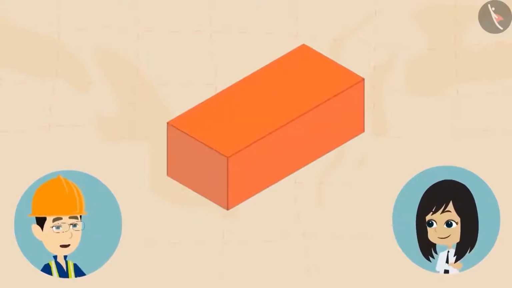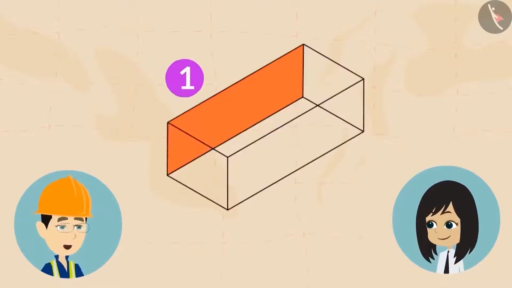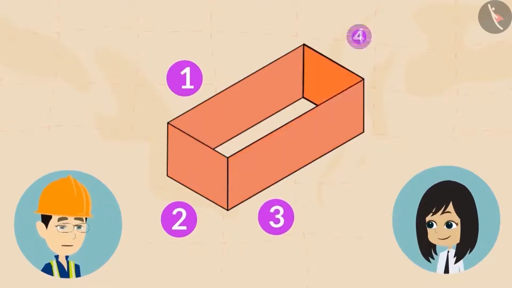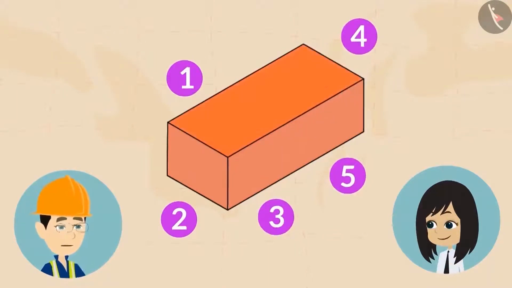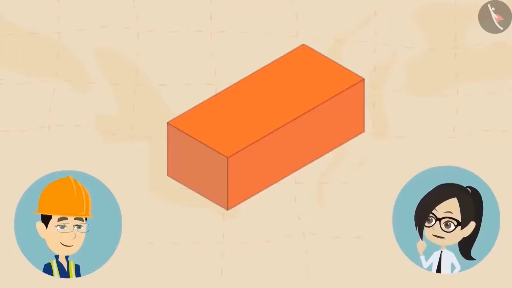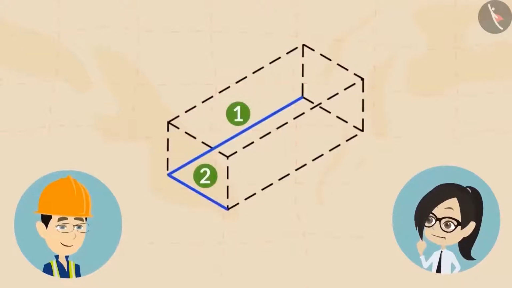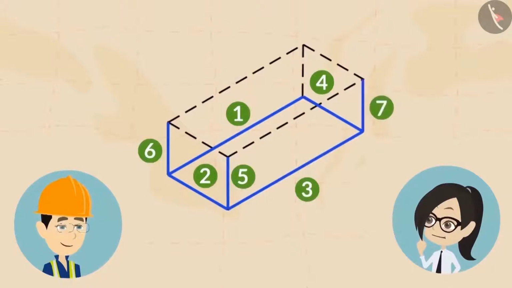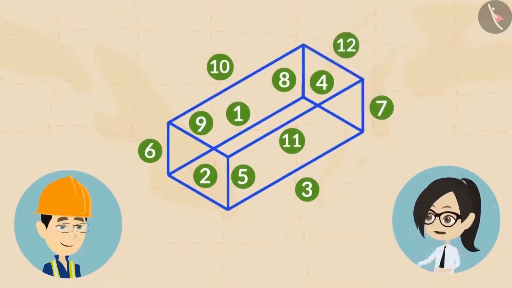Yes, every brick has 6 faces. 1, 2, 3, 4, 5 and 6. Now, can you count the edges of this brick? It has 12 edges. 1, 2, 3, 4, 5, 6, 7, 8, 9, 10, 11, 12.